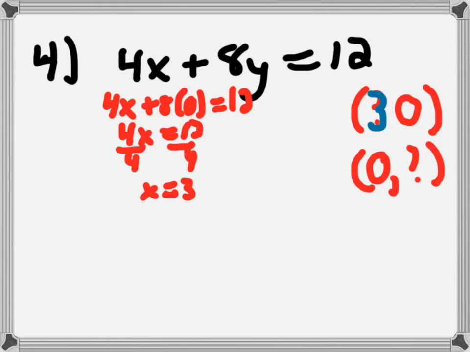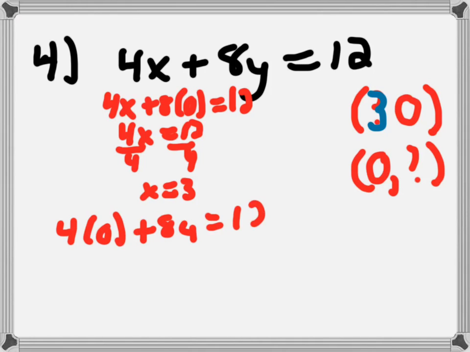Now I have to put x in the x spot as 0, because this is in the x spot. So 4 times 0 plus 8y equal 12. Multiply, that's 0. So 8y equal 12. Solve this for y.